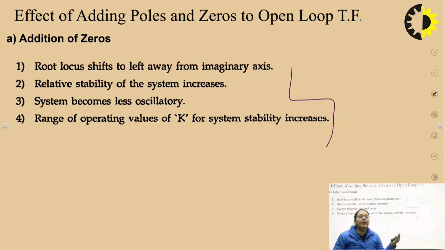It indicates the relative stability of the system will increase, and the system will become less oscillatory in nature, and the range of operating values of K for the system stability will increase, right?